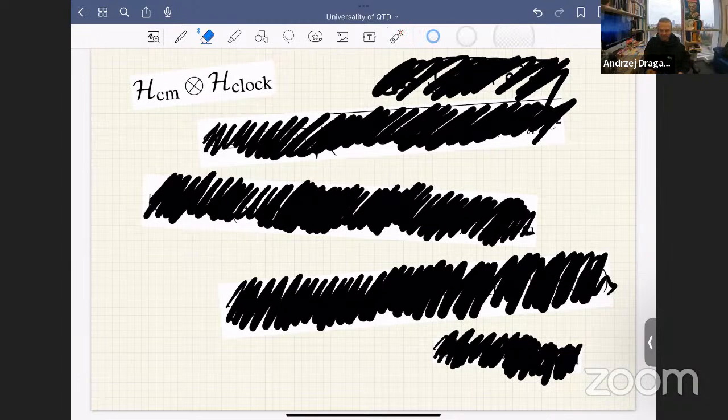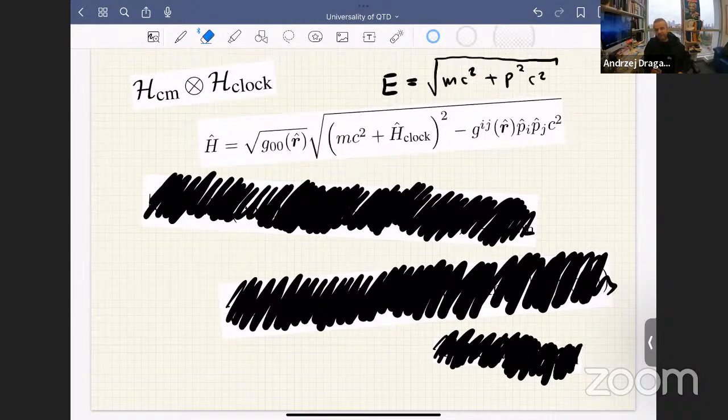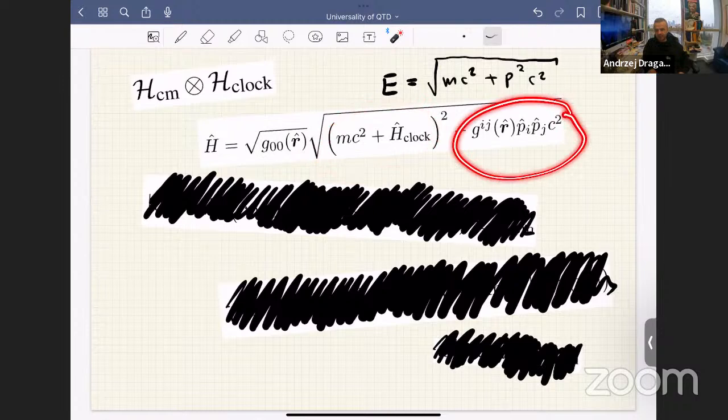What you do next is write a Hamiltonian for the system, the joint Hamiltonian, and typically you generalize a special relativistic formula that relates energy and momentum. Here, we also allow gravitational fields to take part, so you have a metric that is non-trivial. And essentially here, this is the mass term, and this is the momentum squared.